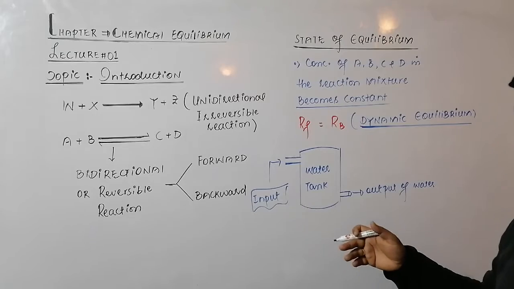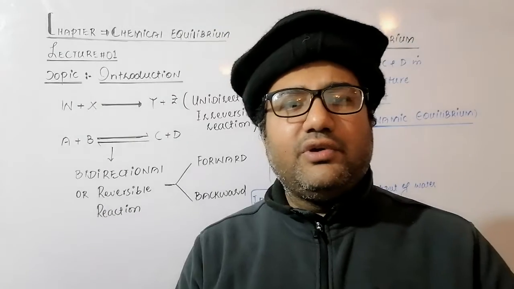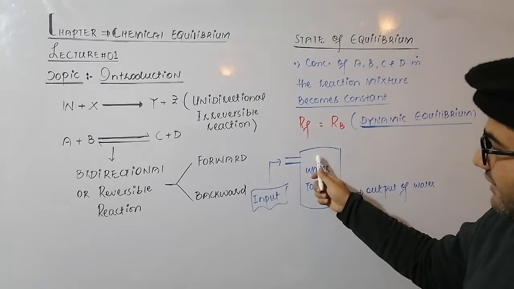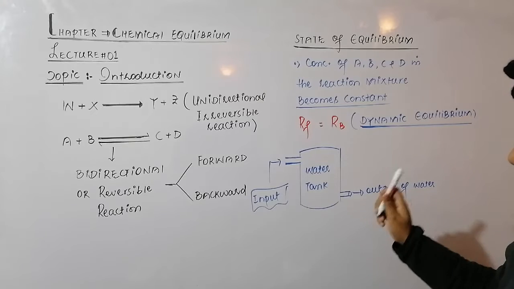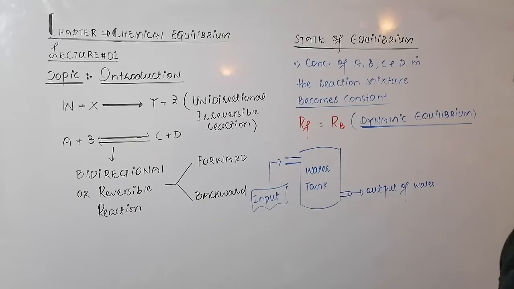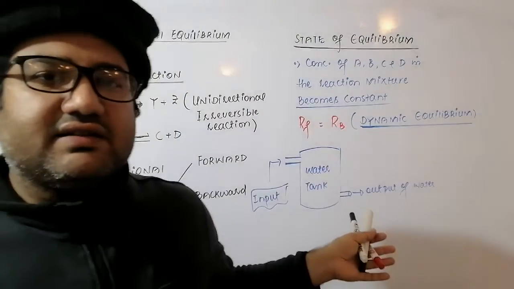So does it mean that there is no input and output of water in the tank? No. The water is entering the tank as well as leaving the tank, but the rate of entrance and the rate of leaving are equal.